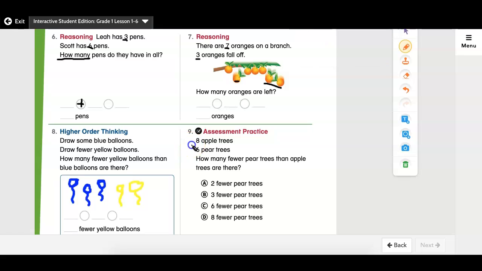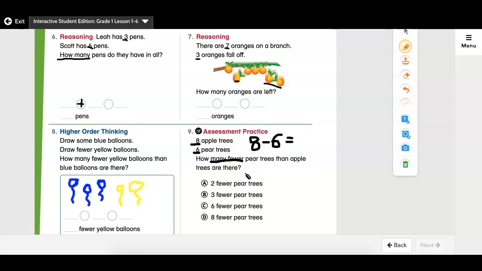And number 9 says you have 8 apple trees. You have 6 pear trees. How many fewer pear trees than apple trees are there? So if I have 8 apple trees and 6 pear trees, that subtraction equation would look like 8, because I have 8 total apple trees, but I only have 6 pear trees, and they want to know how many more apple trees than pear trees I have.